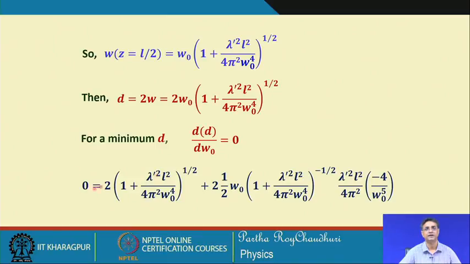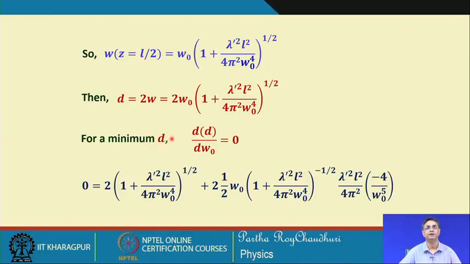So, putting this left hand side, that is this, equal to 0, I just differentiate this quantity, which is a very basic differentiation, and it will lead to this expression. And if I use this expression, from here we will get the value of W 0 in terms of lambda dash and L. So, these values lambda dash and L are going to decide what will be the W 0, so that you get this minimum value of d.